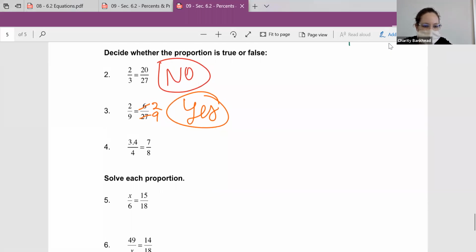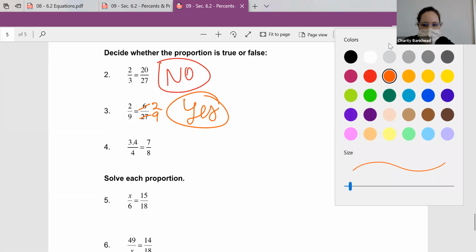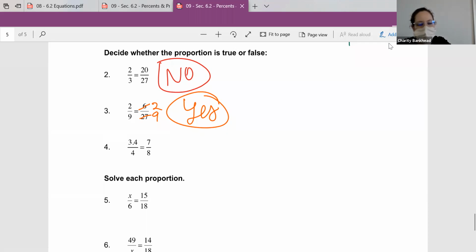Okay, on number 4, we have a decimal. So that's a little bit different. You could just go ahead and do this by cross multiplying, or we could multiply by 10 to get rid of that decimal.